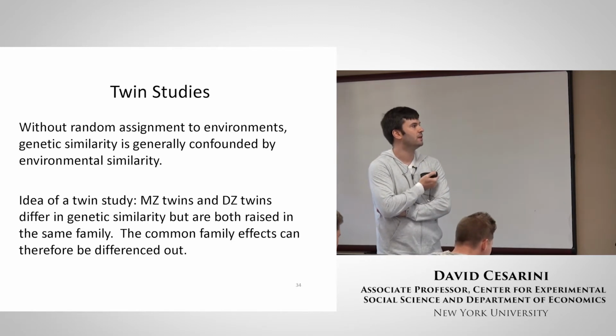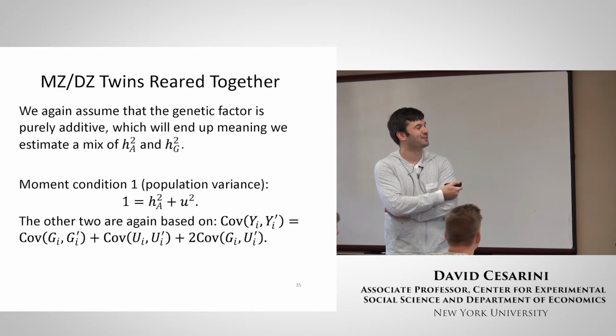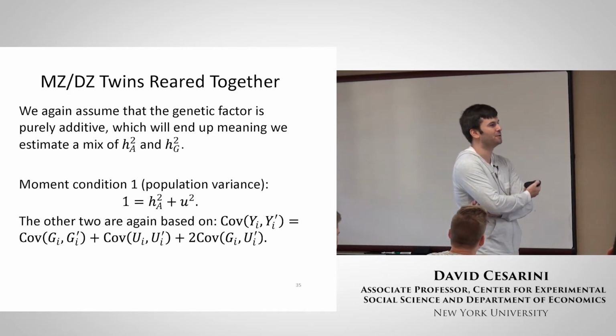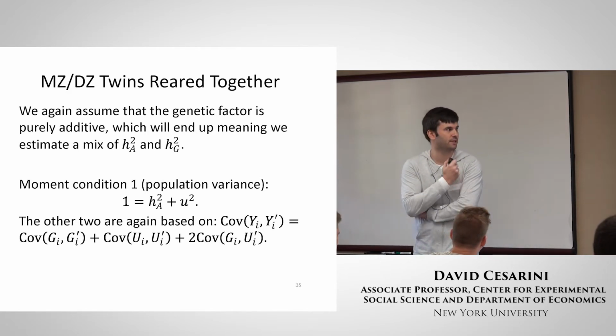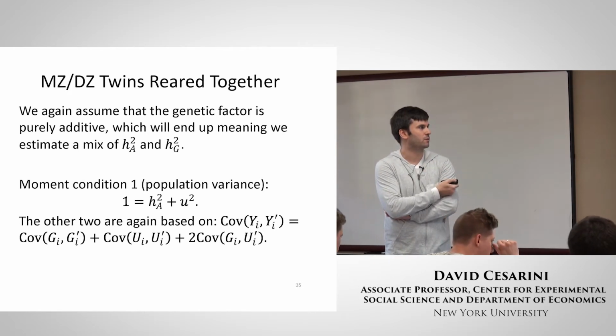The idea of a twin study sort of goes back to Galton, even though he didn't realize that there were monozygotic and dizygotic twins. So some people say he shouldn't get intellectual credit for this. But he was the first to think about twins as a useful tool for behavior genetics.